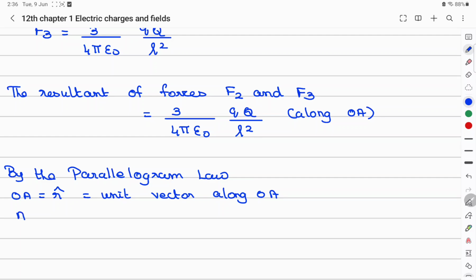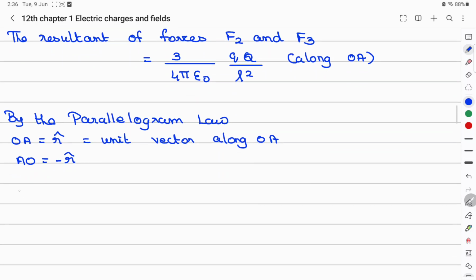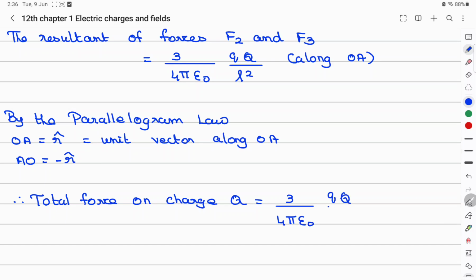Like that, AO is equal to minus R cap. Therefore, the total force on charge Q is equal to 3 by 4 pi epsilon naught QQ by L square into (R cap minus R cap), which will be equal to 0.